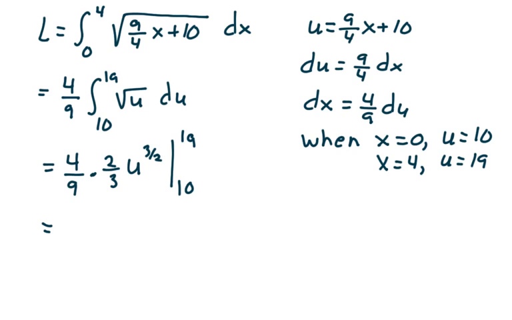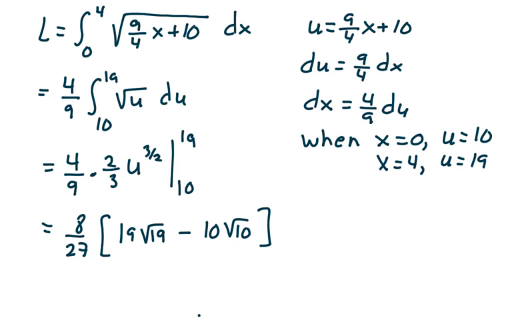And so, well, this is going to be 8/27 times the quantity 19 square root of 19 minus 10 square root of 10. 19 to the 3/2 is 19 square root of 19. 10 to the 3/2 is 10 times the square root of 10. And that's how you do example 2.